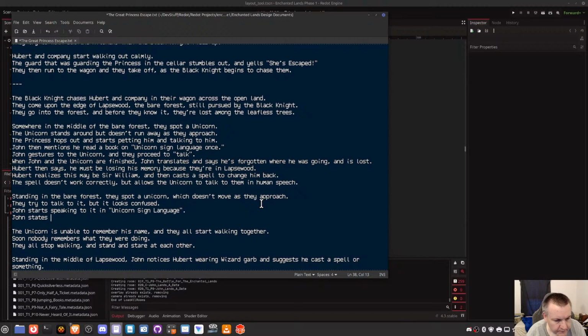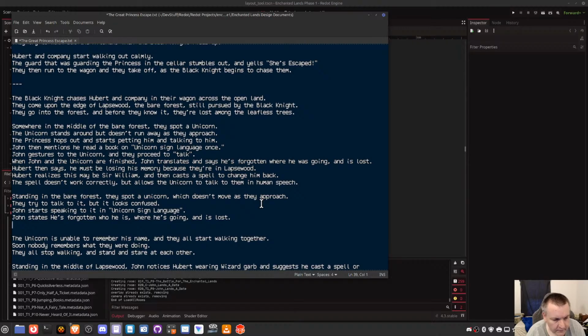John states he's forgotten who he is and is lost. Who he is, where he's going, and is lost. Hubert informs everyone there and tries to spell the unicorn.